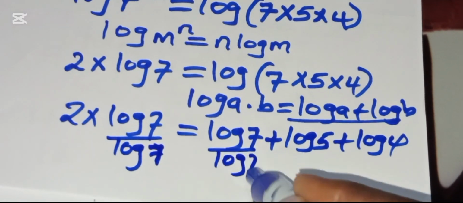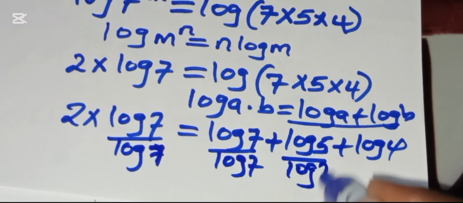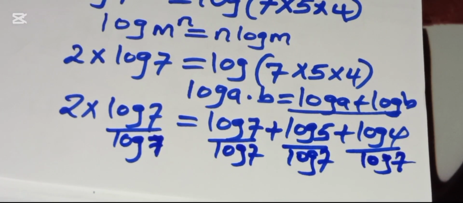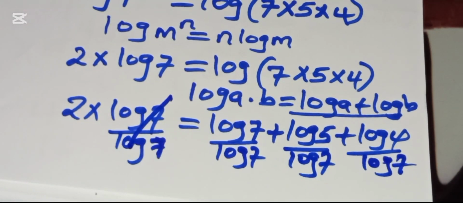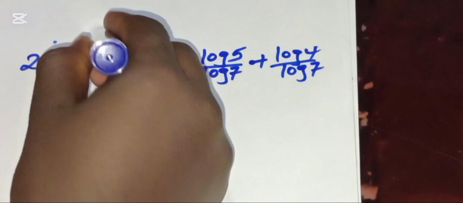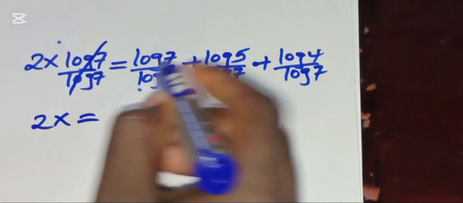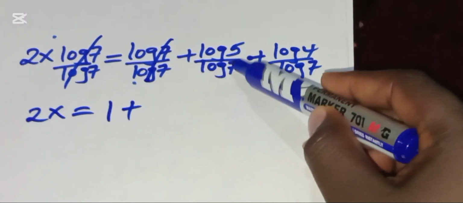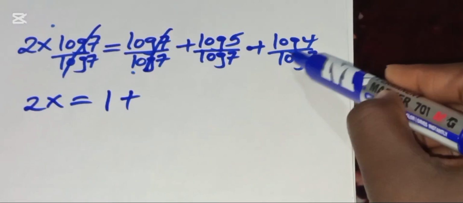The same case here by log 7. So let's simplify this. Simplify this, you're going to have 2x equal to 1 plus log 5 divided by log 7 plus log 4 divided by log 7.